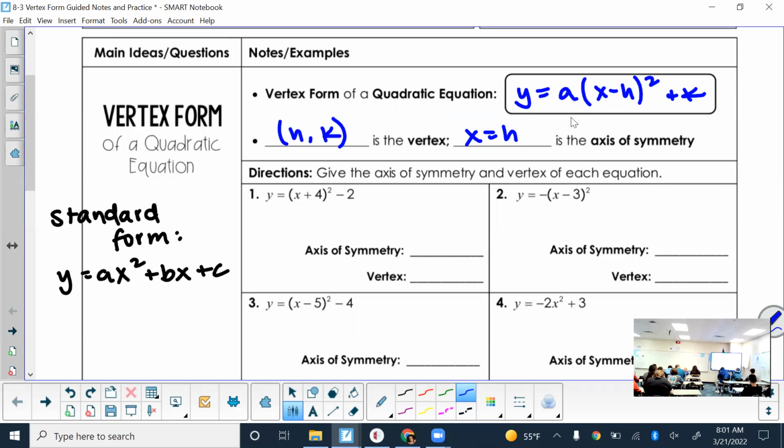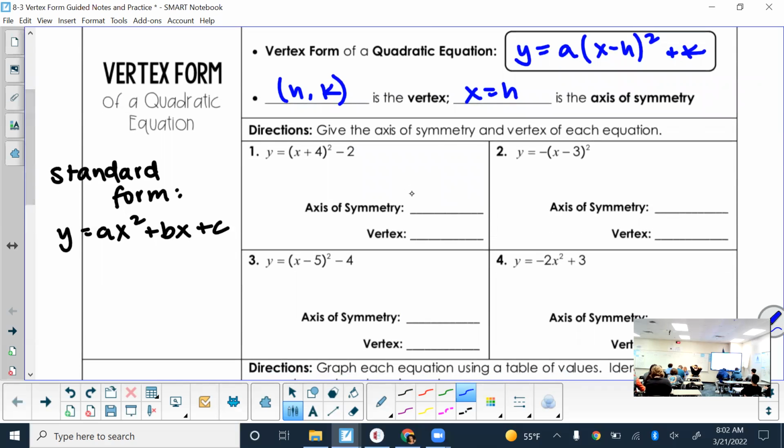The only tricky thing, I guess, is just figuring out the signs, but you can just look at the formula and automatically pick out the vertex and your axis of symmetry. So let's practice that in 1 and 2.